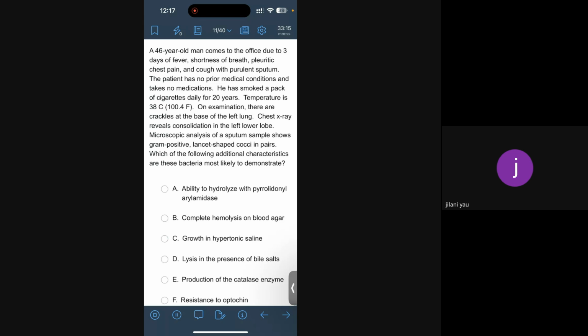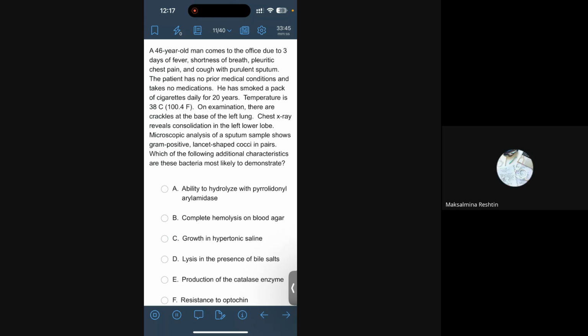The patient has no prior medical conditions and takes no medications. He has smoked a pack of cigarettes daily for 20 years. Temperature is 104. There are crackles at the base of the lung, and imaging reveals consolidation at the left lower lobe. The microscopic analysis of sputum shows gram-positive lancet-shaped cocci in pairs. What type of pneumonia is it?